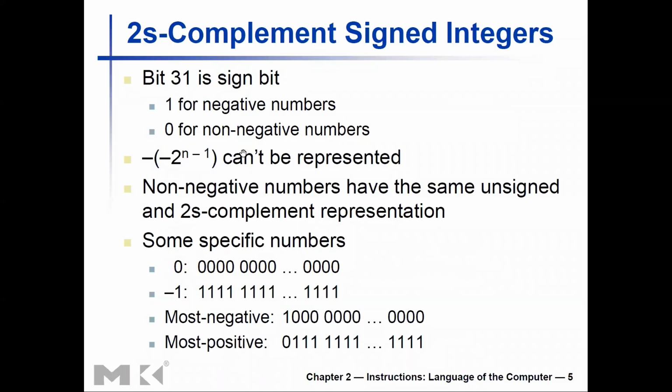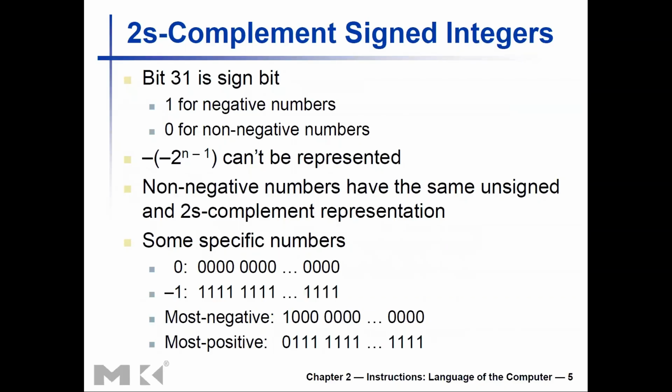That is it. And as I already have discussed, bit 31, or the most significant bit. We call the first bit of the binary representation the most significant bit, and if the bit 31 is 1, it's a negative number.